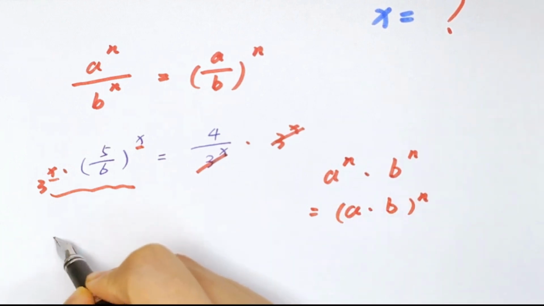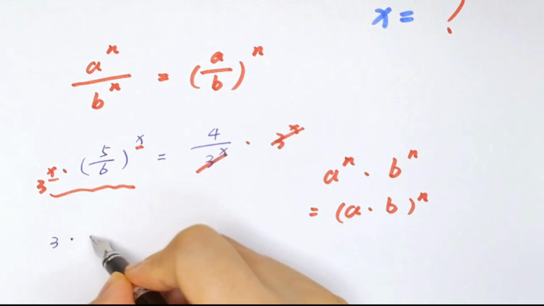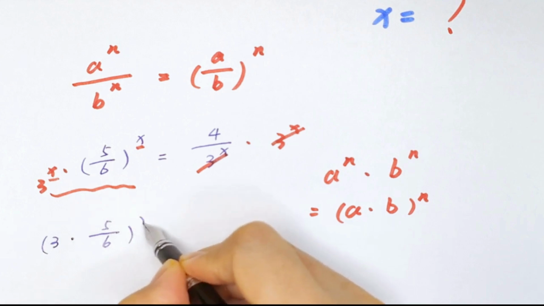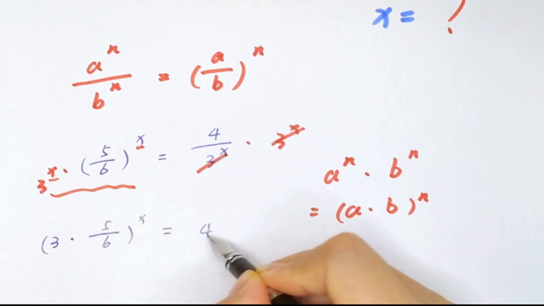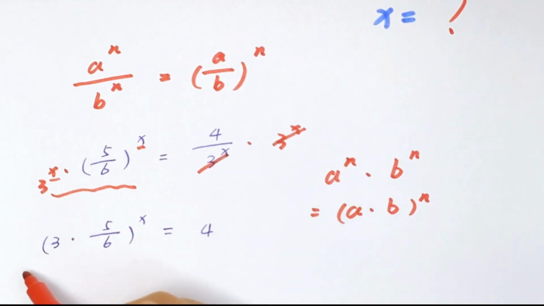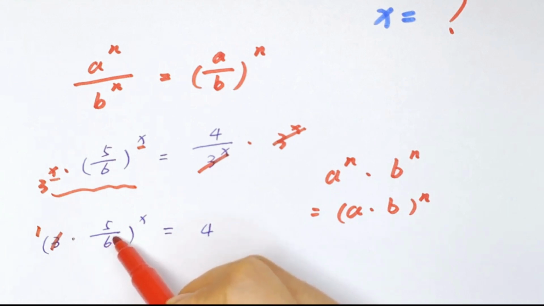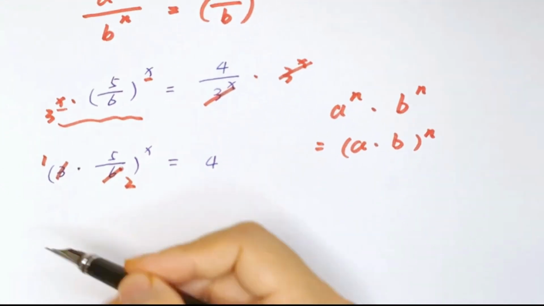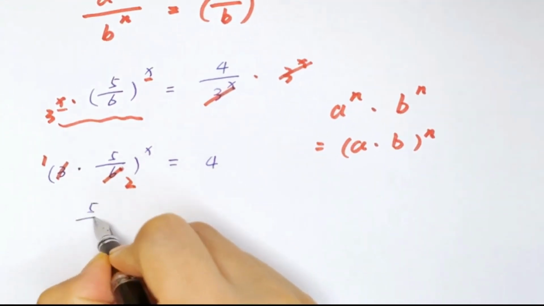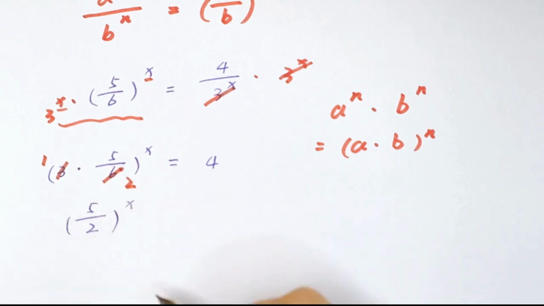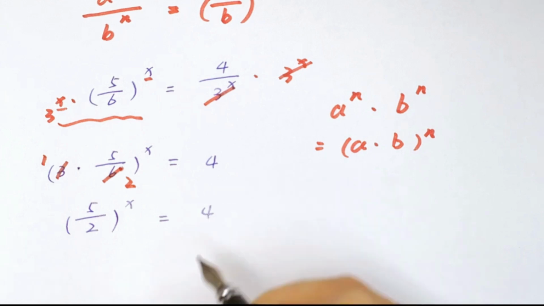So to be 3 times 5 over 6 bracket to the power of x equals 4. Now we divide this by 3 by 1, and this we divide by 3 by 2. So to be 5 over 2 bracket to the power of x equals 4.